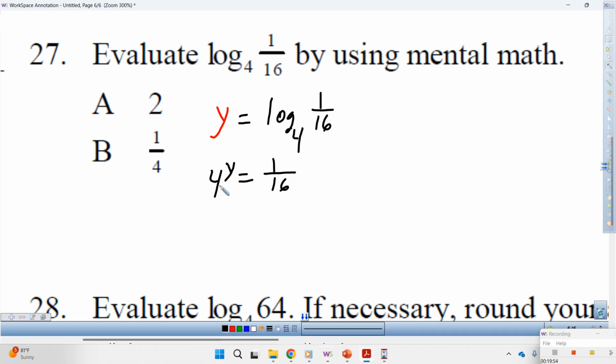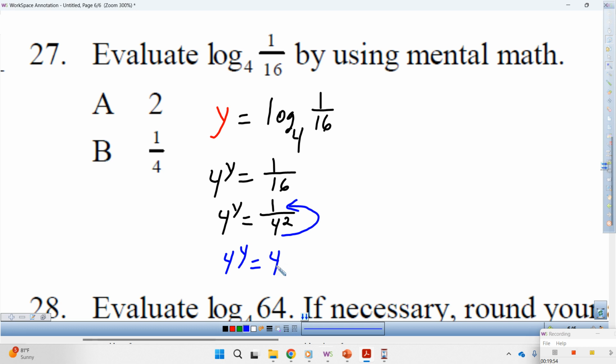Next, we need to have the same base. 4 to the y equals 1 over 4 to the what, people? 4 to the what gives us 16? To the 2. It almost looks the same. However, we need to bring this one to the numerator. So we end up with 4 to the y equals 4 to the what?